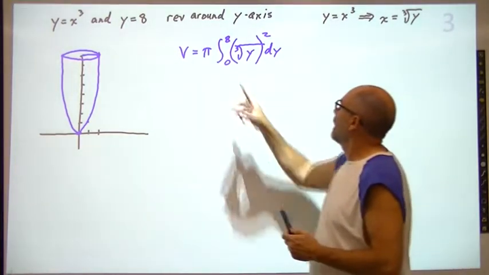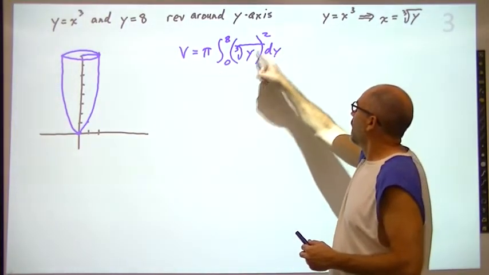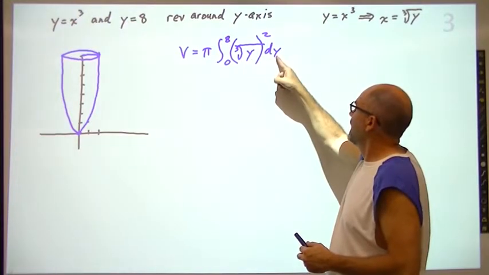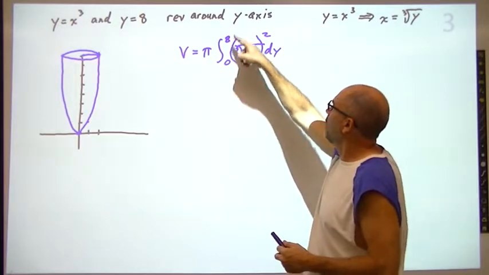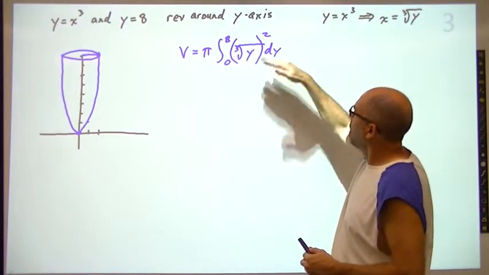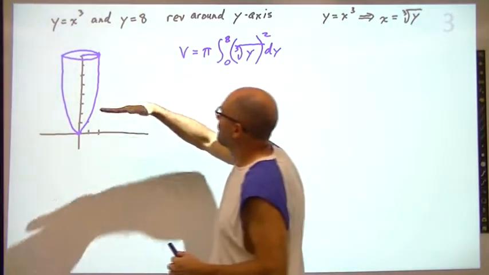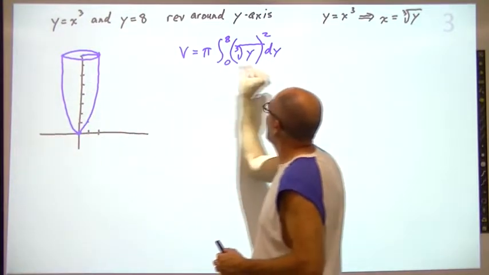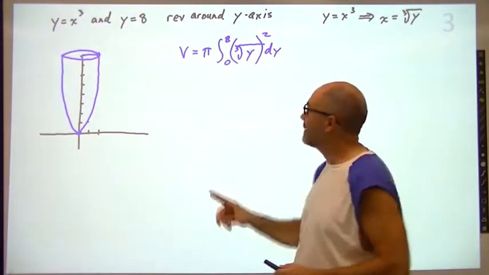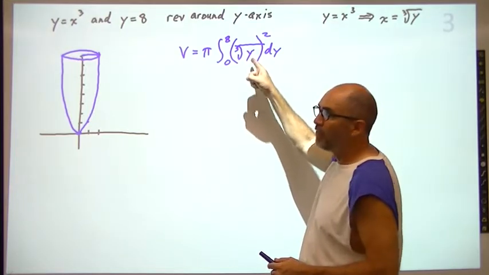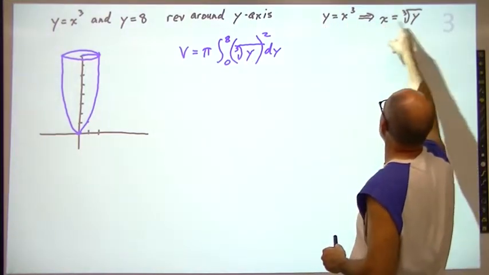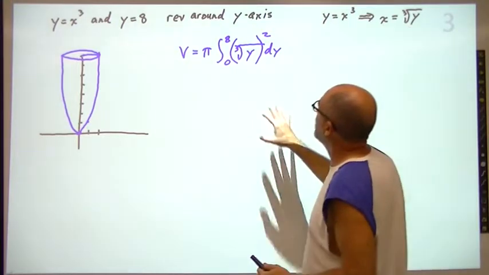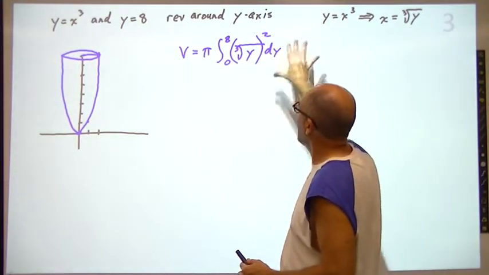So it's pi r squared times h. Now, we're going from 0 up to 8, and remember, since our disks are horizontal, they're dy thick, and that means we have to have our function in terms of y. So we had to change it from y as a function of x to x as a function of y. And we still have pi r squared h.